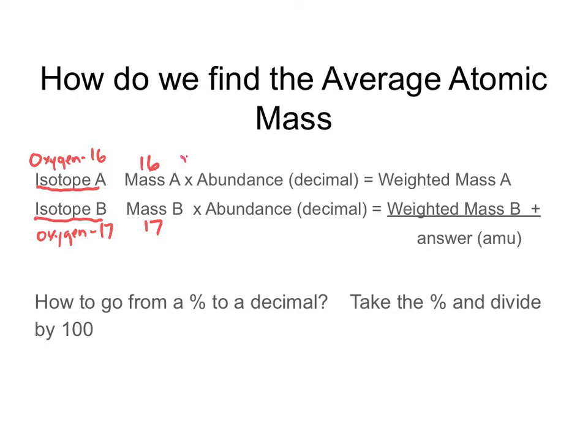Then you multiply it by the abundance. Now, what is the abundance? It's the decimal. So you just take the percent and divide it by 100. I'm going to divide it by 100 so I can get out of the percent.